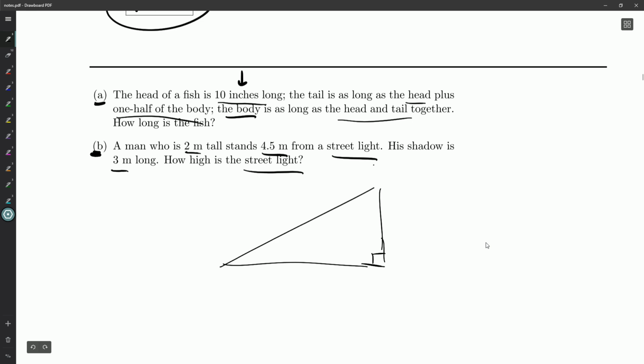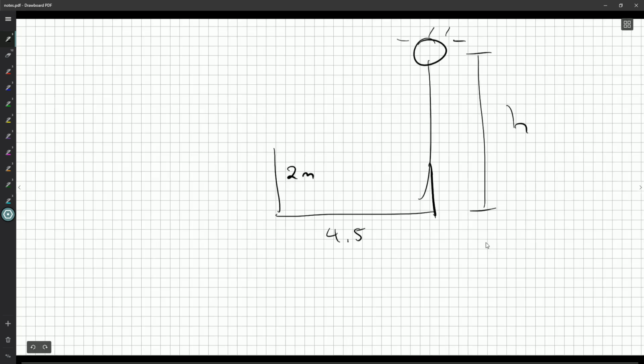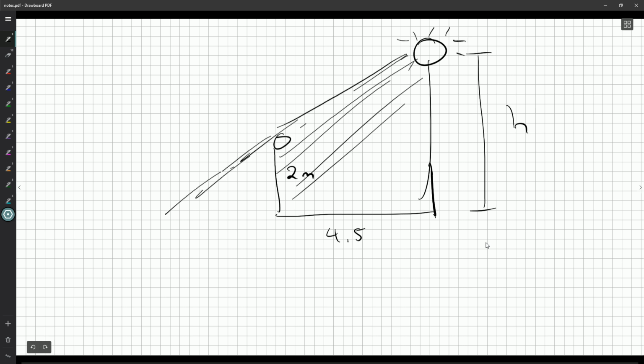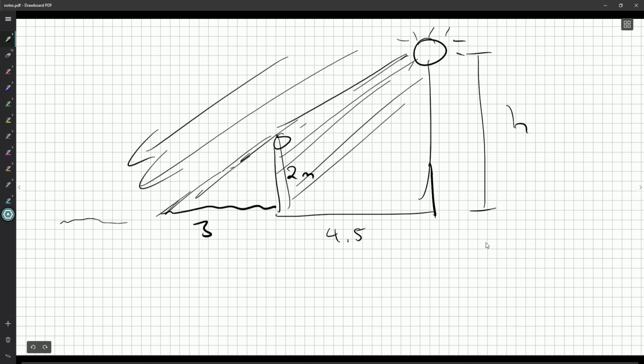His shadow: the light on top of the post is casting a shadow, so the light rays are blocked by the man until they just go over his head, and that produces a shadow 3 meters long. Okay, so that's our picture.